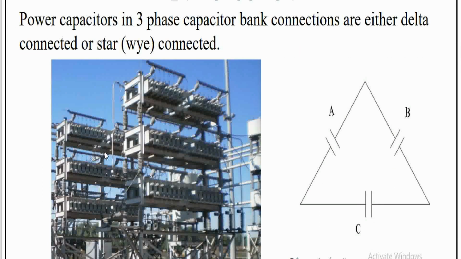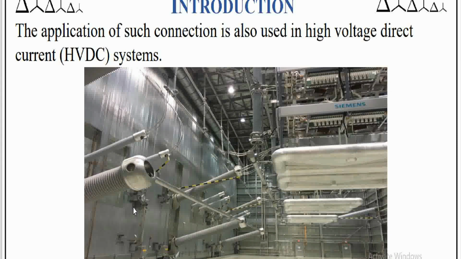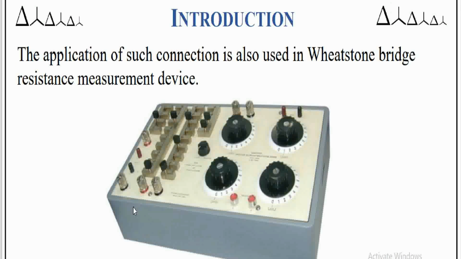Power capacitors in three-phase capacitor bank connections are either delta or star connected. So this is your power capacitors. The application of such connection is also used in HVDC, that is high voltage direct current systems.